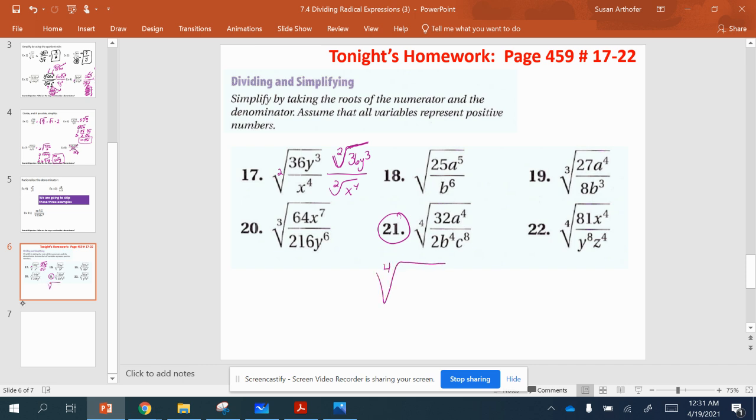Okay, so we're going to go ahead and reduce 32 divided by 2. So this is the only problem that's like this. 32 divided by 2 is 16. And you would still have the a to the fourth on the top, b to the fourth, c to the eighth on the bottom. Then go ahead and write them separately. Break them up. One big radical breaks up into two little ones.